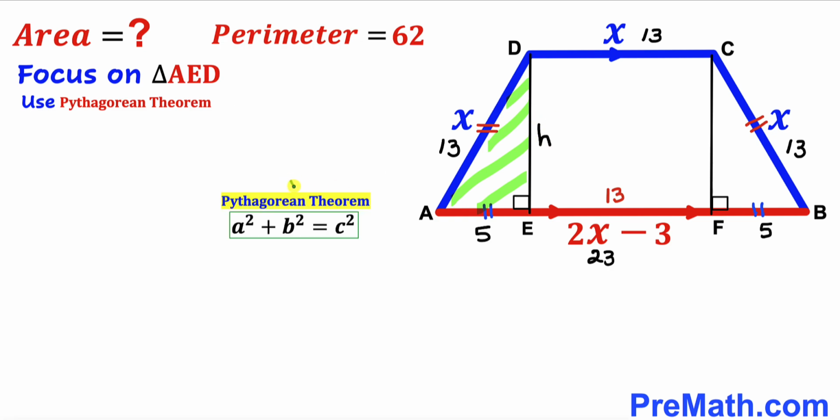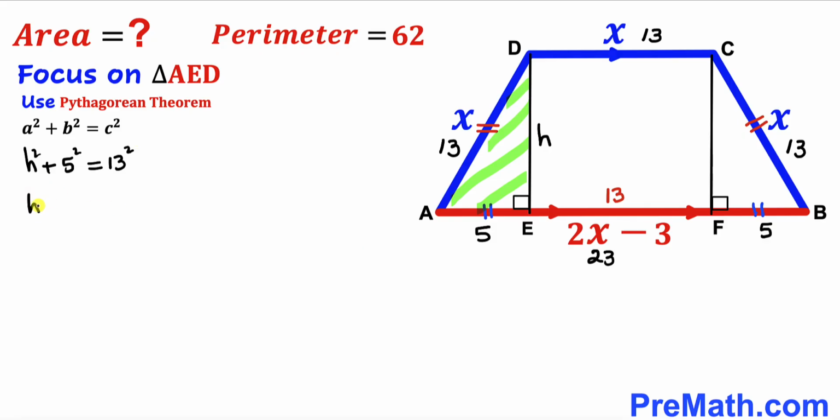We are going to apply the Pythagorean theorem on this triangle to find the value of height h. Here's our Pythagorean theorem: a squared plus b squared equals c squared. Our hypotenuse is 13, whereas our two other legs are 5 and height h. So we get h squared plus 5 squared equals 13 squared. Simplifying, h squared plus 25 equals 169.